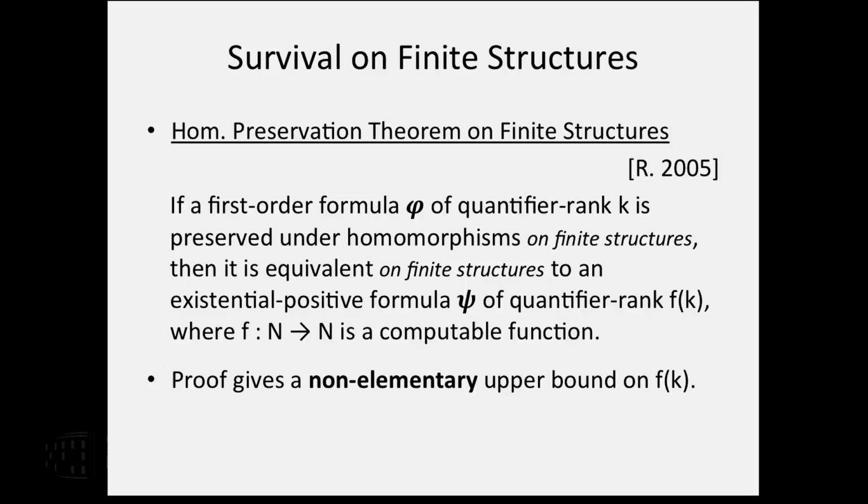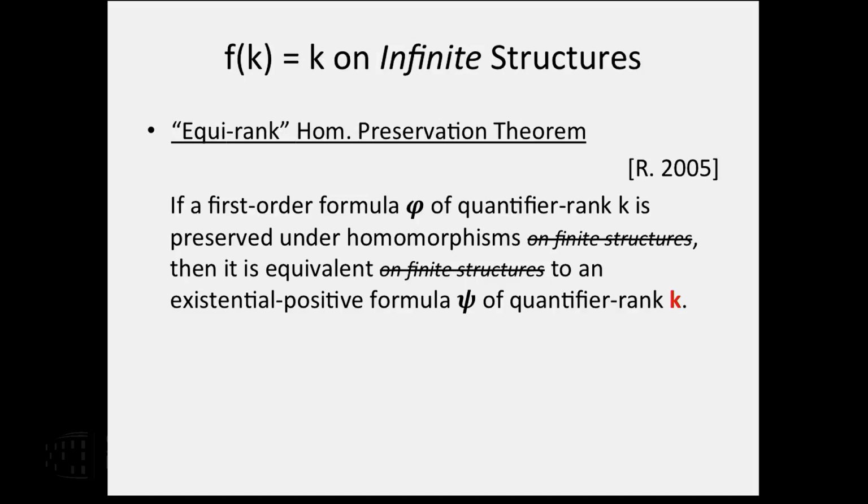Now, in the same paper, we also give a new compactness-free proof of the homomorphism preservation theorem via a constructive method, which shows that you have no quantifier rank blow-up in the infinite setting.